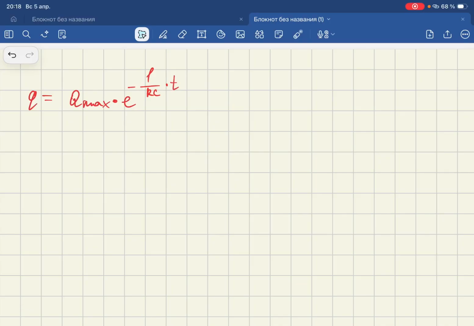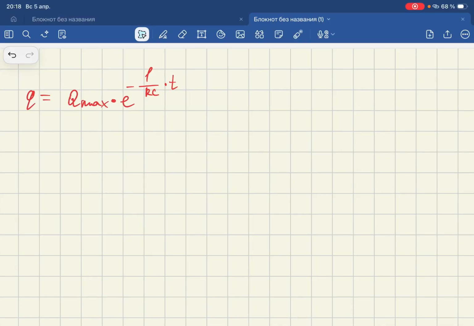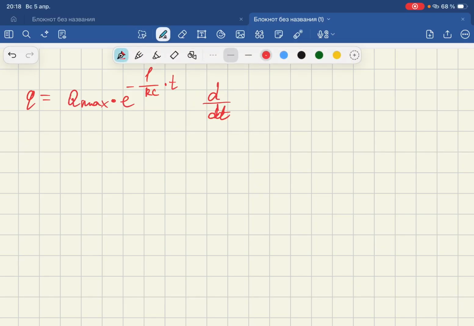If we just take the derivative from that equation, d divided by dt, depending on the time, we will get the current, dq over dt.